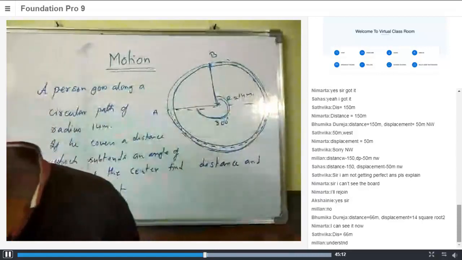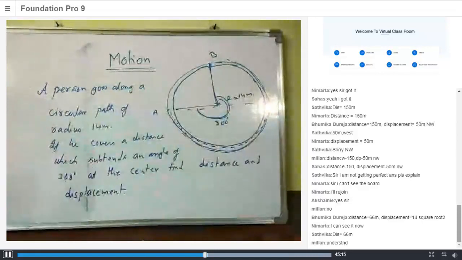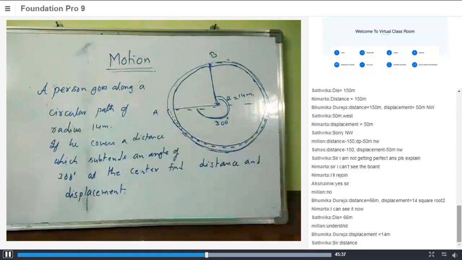Milan and Sahas, did you follow that? Satvika? So Satvika says displacement is 60 meters. Just check, is the question clear? Sahas, what about you? Bhumika changes the displacement to 14 meters. So distance is 66 meters. Okay, Satvika. Milan, Sahas, and Akshani, I'm yet to receive any answers from you. Okay, Satvika, that's good.